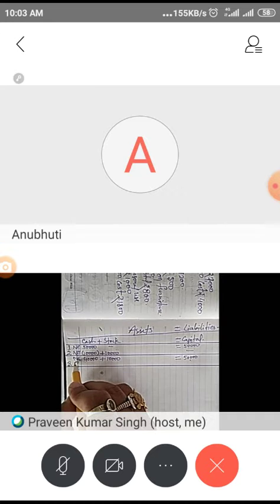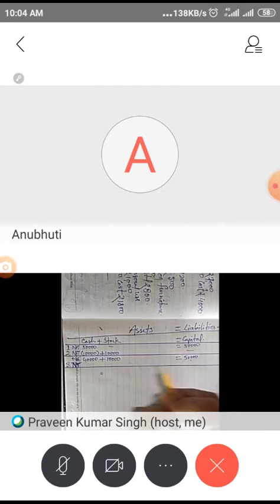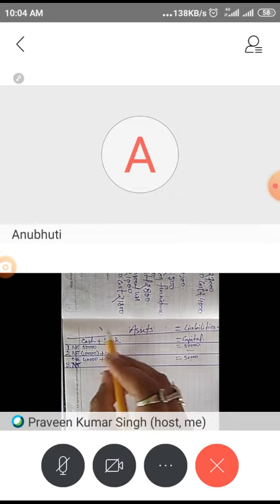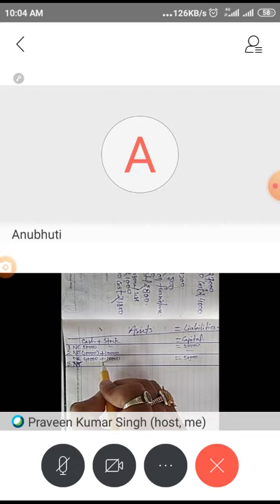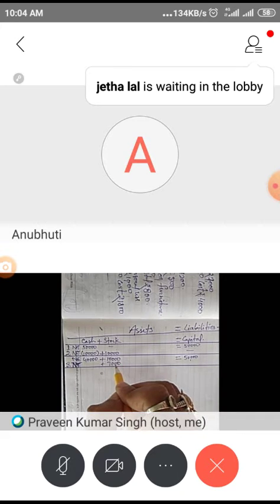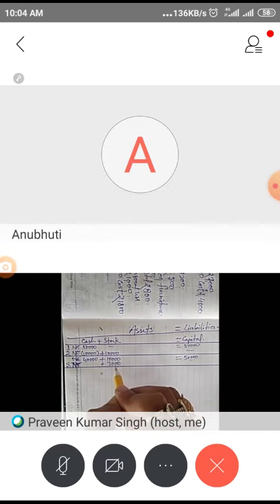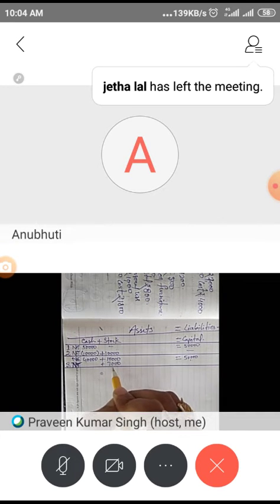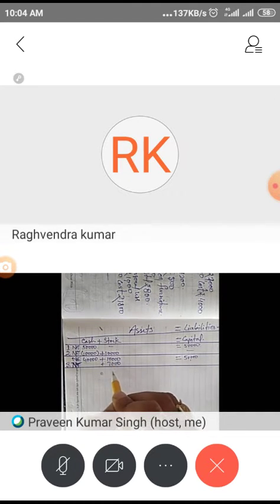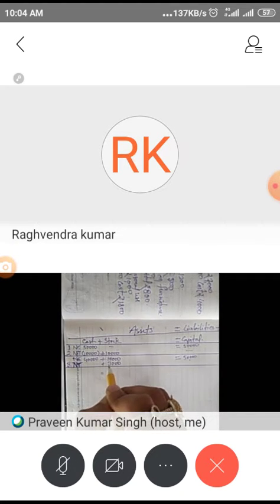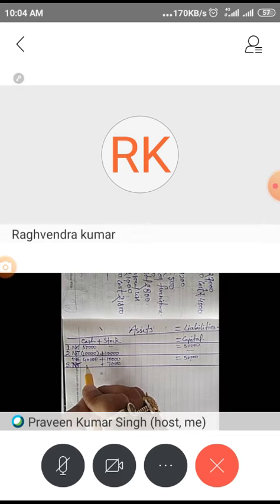So new transaction will be, when we purchase goods from Ram on credit, then in asset side stock will increase by 7,000, and because this is the credit purchase, it will not affect cash.